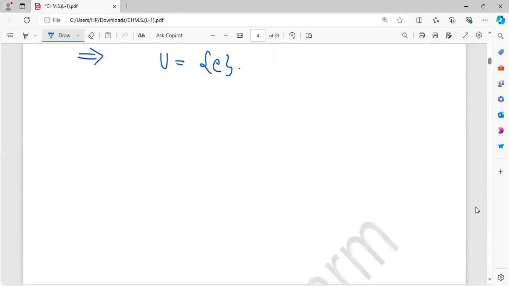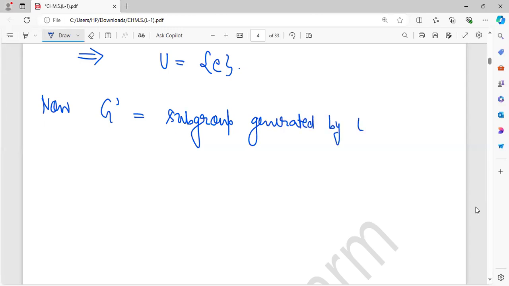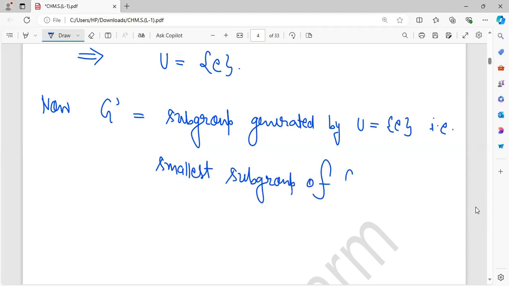So we have to find now G dash, which is equal to the subgroup generated by U. It is equal to E. It means the smallest subgroup of G containing U is equal to E. And we know that E, the only identity element, is also a subgroup, and it contains this set U. So what is the smallest subgroup containing only the identity element?